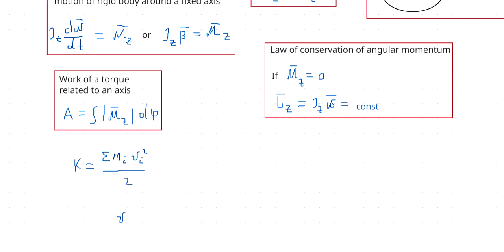Modulus of velocity, as you know from kinematics, is equal to omega ri. And we can use this here, and it will be the sum of mi ri to the power of 2 omega squared divided by 2.